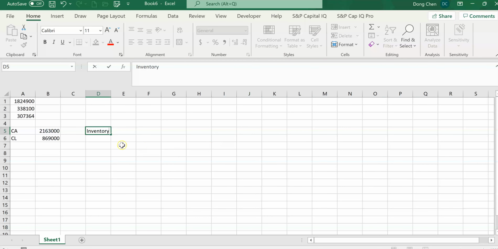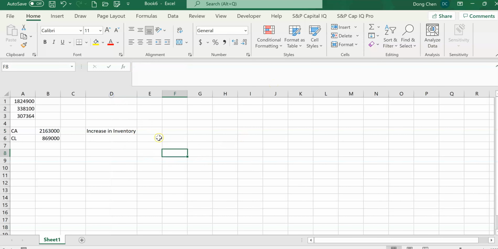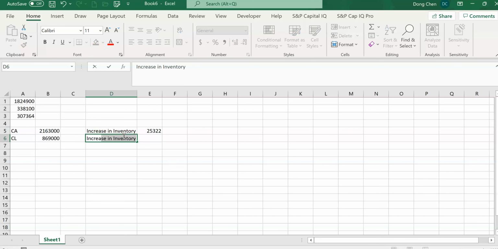And then I can further write down the increase in inventory. Let me just write down any random number; I will explain it later. As we just discussed, the balance sheet has to be balanced at all times. So if you increase inventory by this, and because it's financed by short-term debt, the increase in short-term debt will be the same amount, regardless of how much this is.